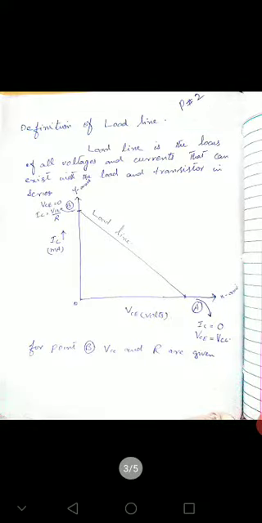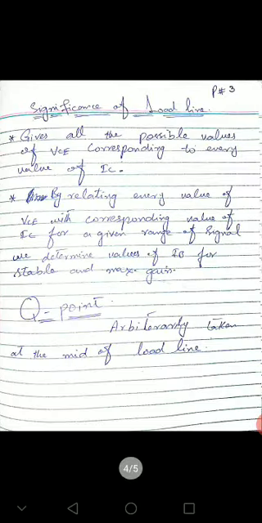Load line's both sides on y-axis and x-axis fall in the saturation and cutoff region. So it is the load line which tells us how to avoid the interruption of signal due to falling of the signal in saturation or cutoff region.